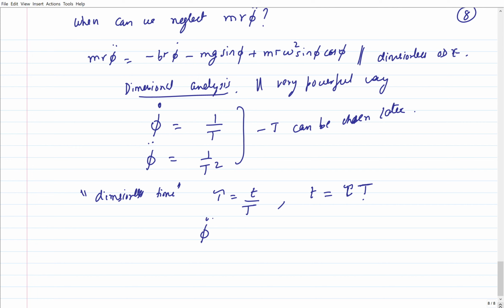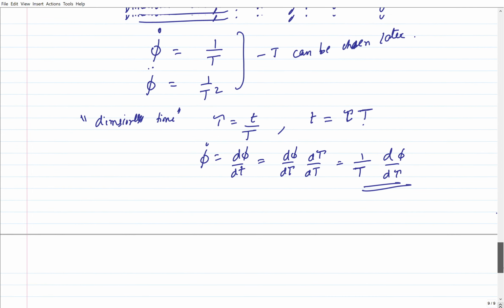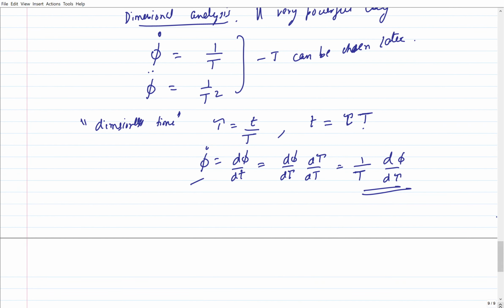So then I have phi dot is nothing but d phi by dt, which is nothing but d phi by d tau times d tau by dt, which means I get this guy out, and then I have d phi by d tau. So that's the way I express my derivative in terms of the derivative with respect to the dimensionless time.